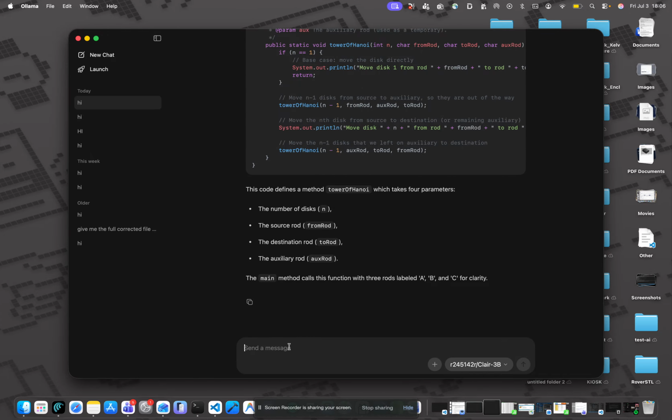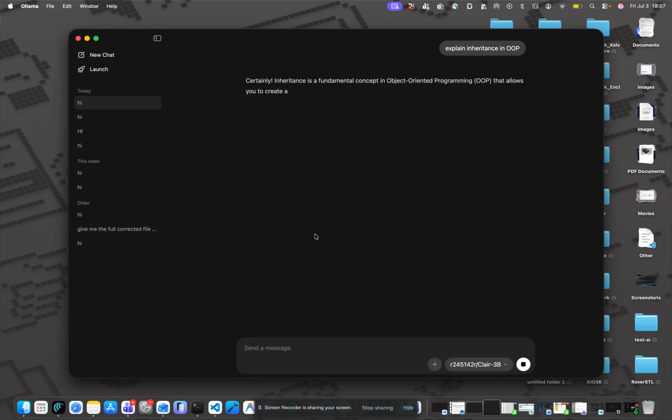We can also ask it to explain inheritance in OOP.